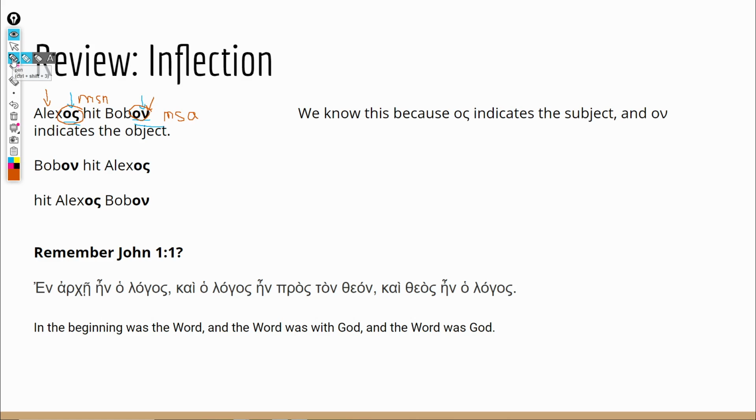So again, in this sense, we see the same sentence, Bobon hit Alexos. This sentence means the exact same thing as Alexos hit Bobon because of the case ending. Okay? We see the on and the os.